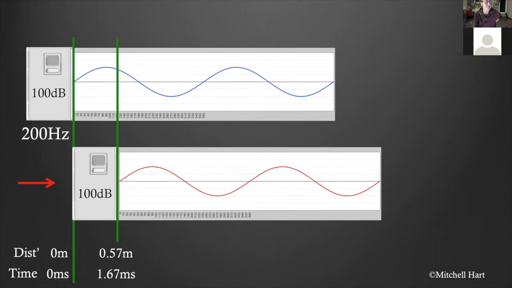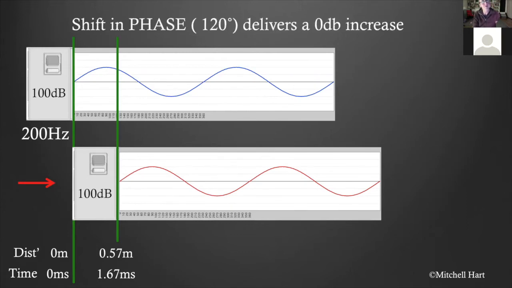If we move this a bit further, and the times and distances are down the bottom, but that really doesn't make a difference. We just know that relates to a certain number of degrees in phase. So now we're at 120 degrees, and these two 100 dB signals are now going to combine together as a 100 dB signal.